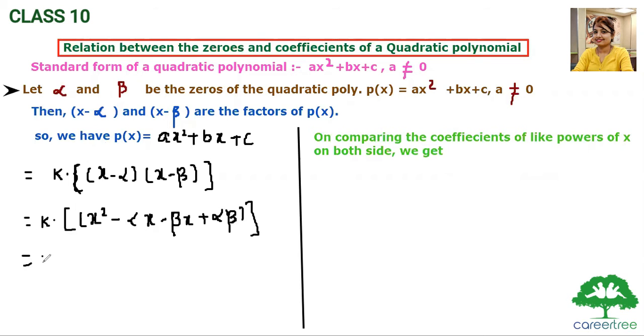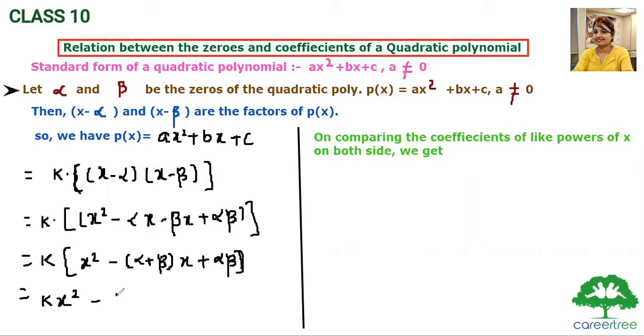If I take the common x from these two terms, it will be x squared minus alpha plus beta into x plus alpha beta. Now I'm going to multiply this k to each term by the distributive property. So kx squared minus k into alpha plus beta into x plus alpha beta into k. This we have got after multiplying it.